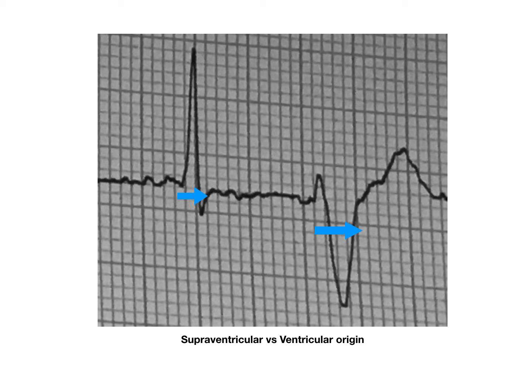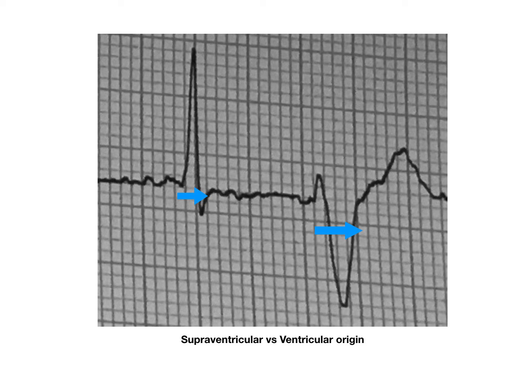Now, if you see the second wave, the arrow is prolonged, meaning that the depolarization took more time to occur. This may be seen when the depolarization comes from the ventricle, or if there is a conduction block. So with knowing the time of normal depolarization, we have a lot of information. Nailing the basics will give you a lot of information.